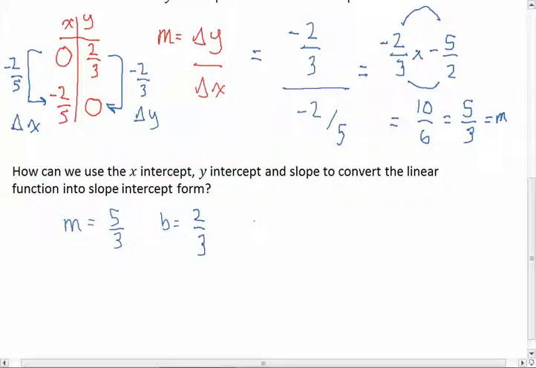So now, what would this be in the form y equals mx plus b? What equation would I have? y is equal to what? So 5/3 x plus 2/3. And there we go.